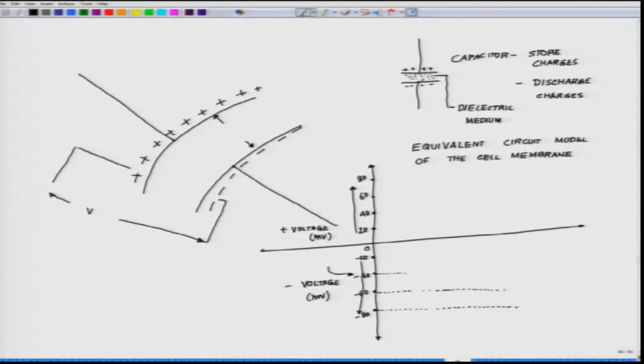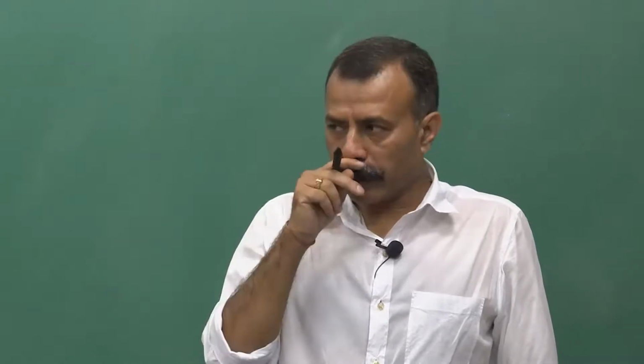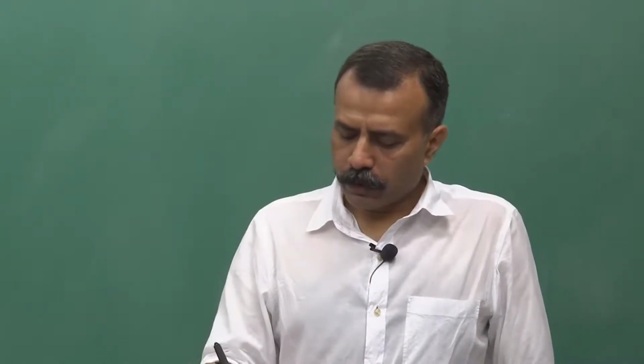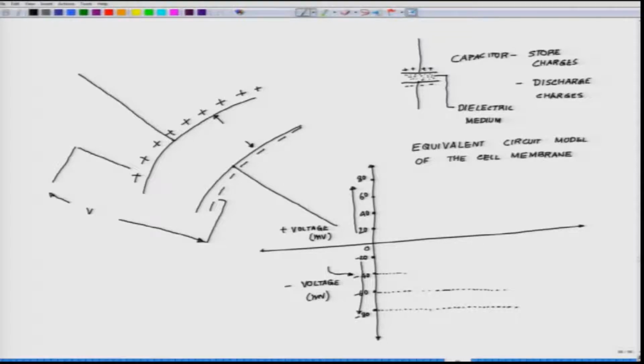But it was observed that at certain points while recording, there was something very unusual. In other words, what they observed was, all of a sudden from sitting at minus 80, this shoots up like this, and it further goes down. This is just a simple recording across the membrane of a cell.